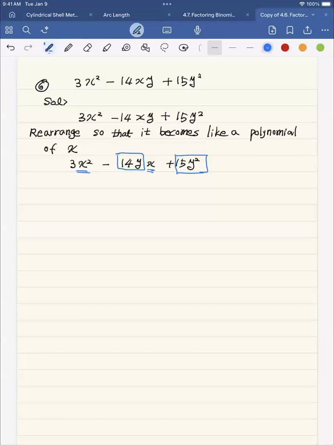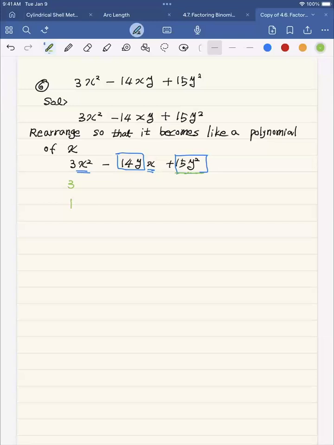So what we have to do is consider two numbers whose multiplication becomes 3, so 3 times 1, and whose multiplication becomes 15y squared.